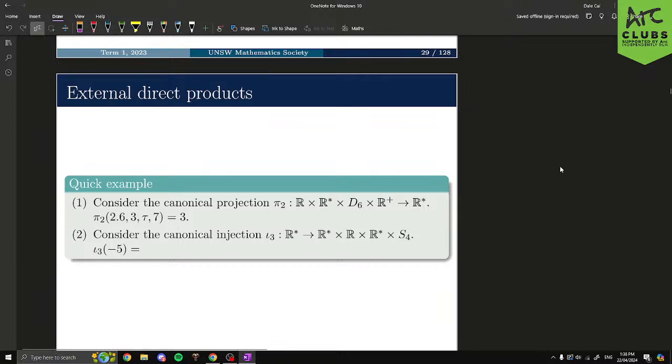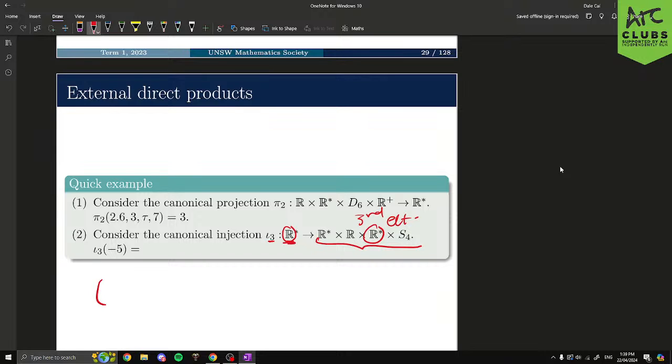And for example, the canonical injection of R star into this product. So since it's I3, that means that whatever input we have gets mapped to the third element. Okay, and everything else is set to the identity.